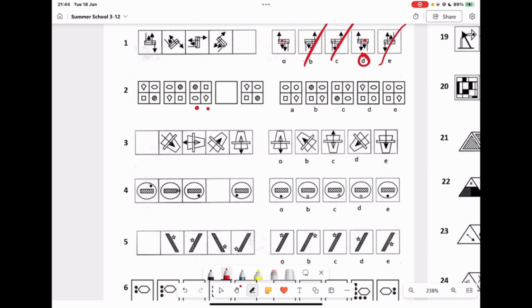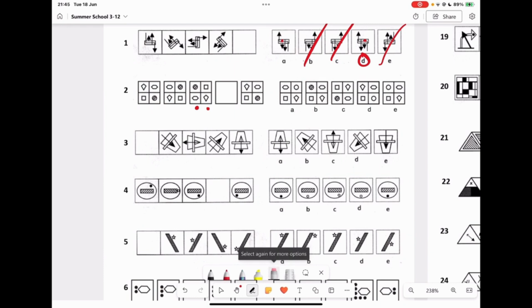So even knowing that, we can cross out A. Oh no, we cannot cross out B. So remember, we're looking at having the hexagon.